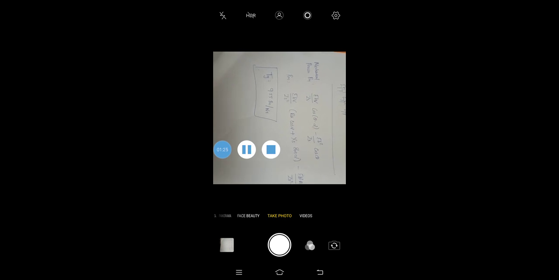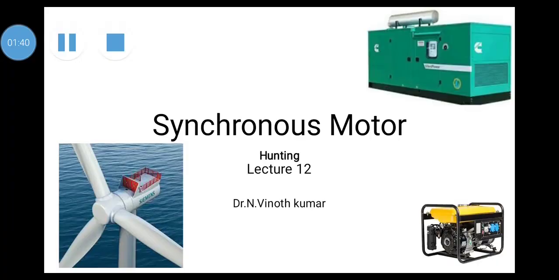And the torque can be written as 9.55 into mechanical power divided by Ns. If you notice here, alpha is the load angle and theta is the internal angle.